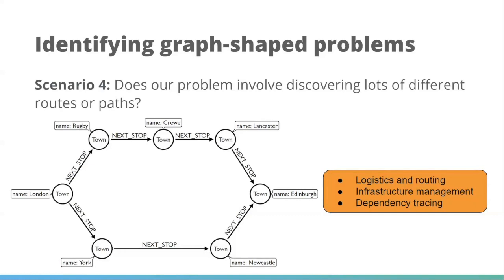Or dependency tracing is another one. If you have several applications that are running and they go down, you can trace if there's a single point of failure that is causing that. So let's say, for example, a virtual machine that was hosting those applications went down.